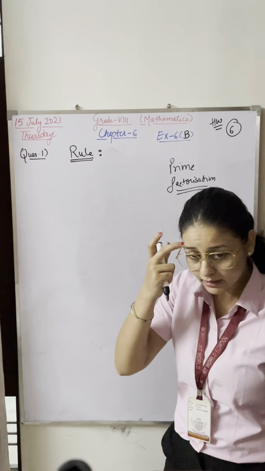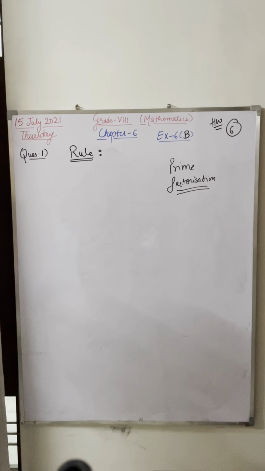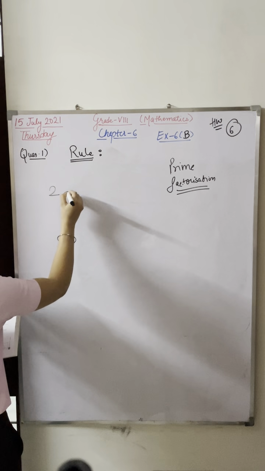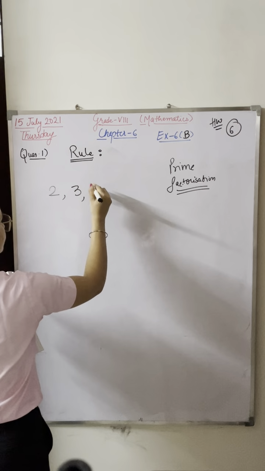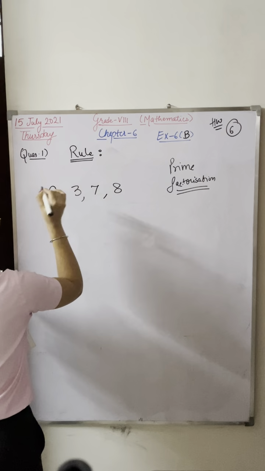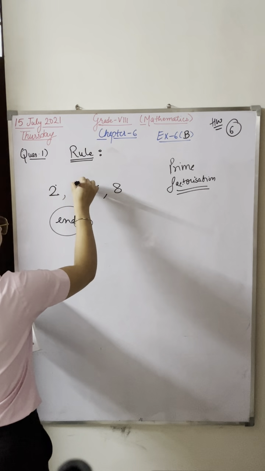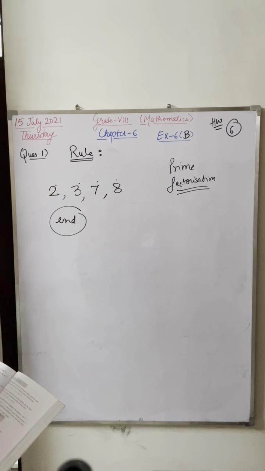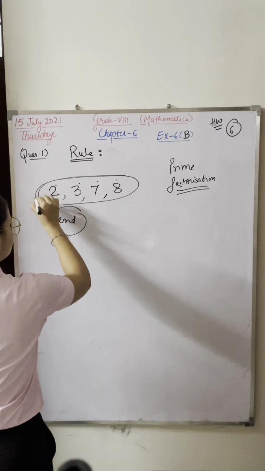Correct? Clear? Okay. Now, there are some rules for the first question. What is that rule? If the number ends with 2, 3, 7, 8, you have to learn these four digits now.